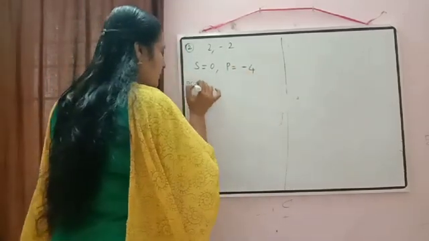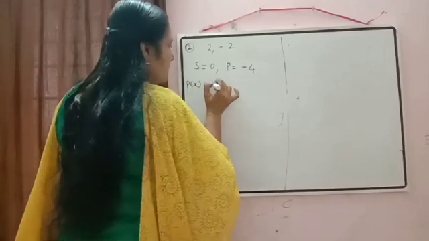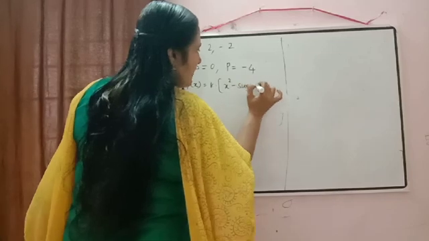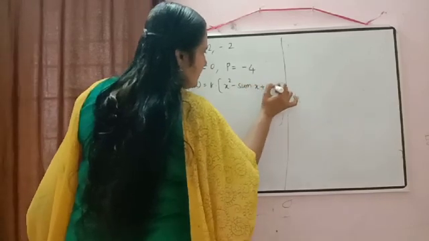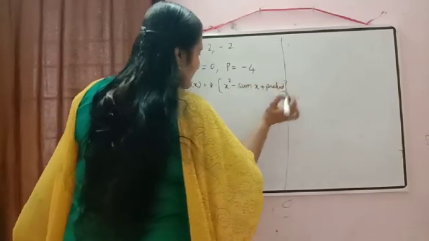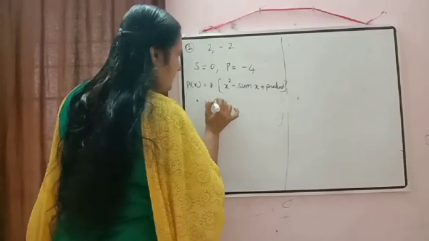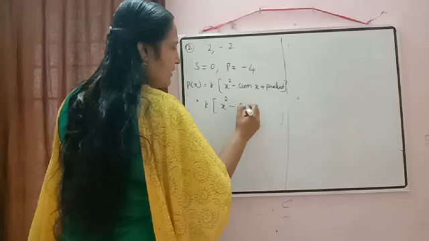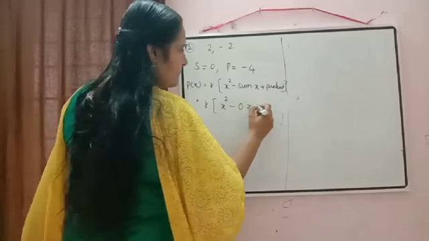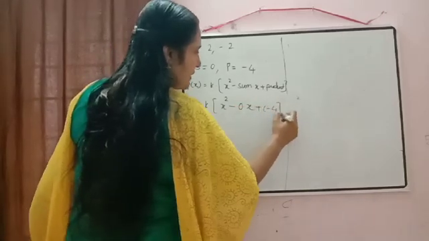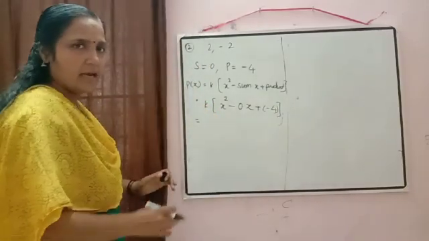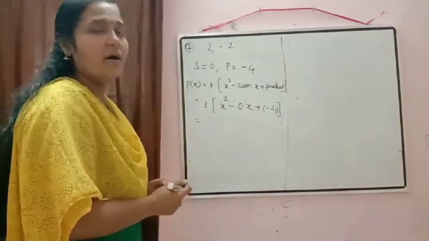Now write down the polynomial p of x is equal to k into x square minus sum of the zeros into x plus product of the zeros. Substitute the value k into x square minus, in place of sum what we have, 0. 0 into x plus in place of product we have minus 4.